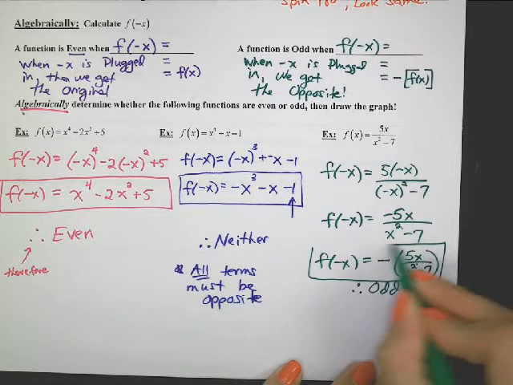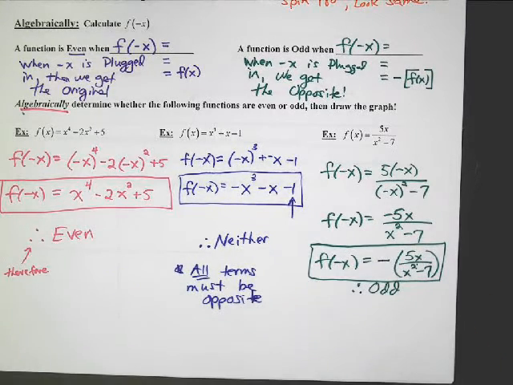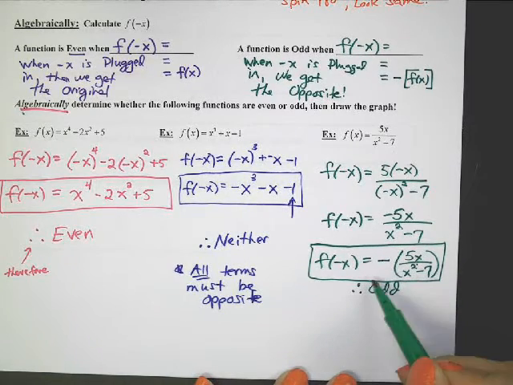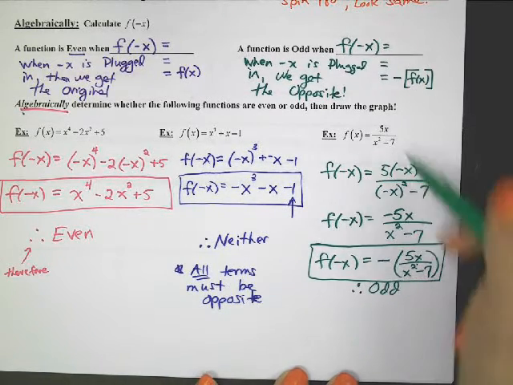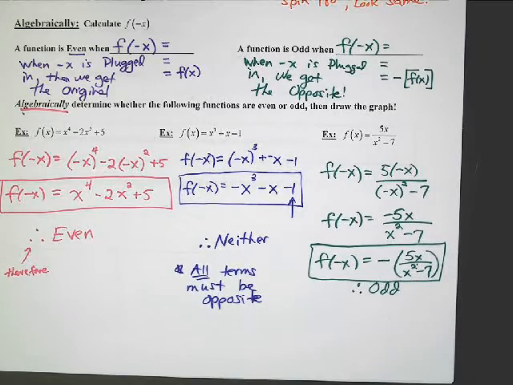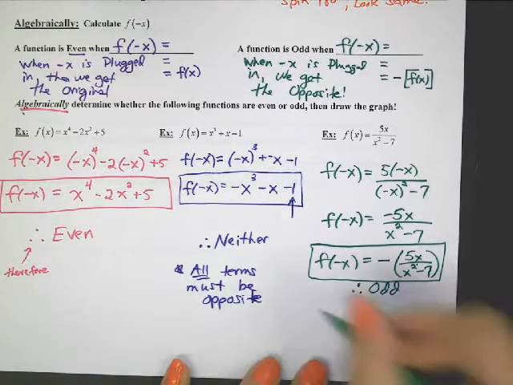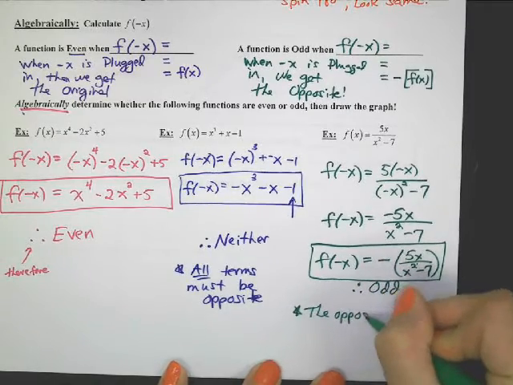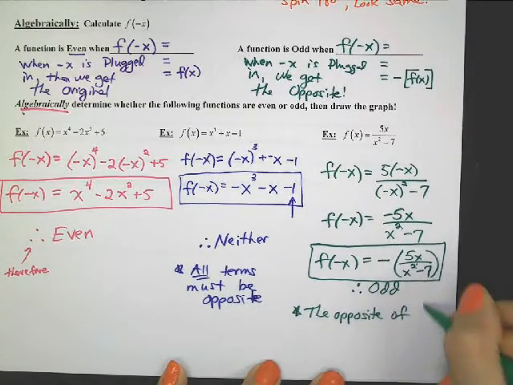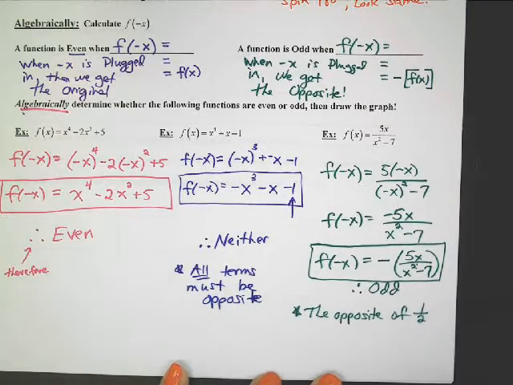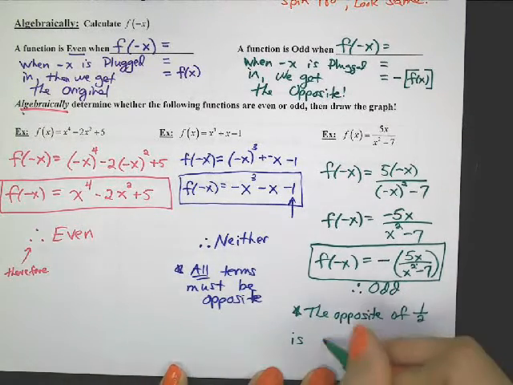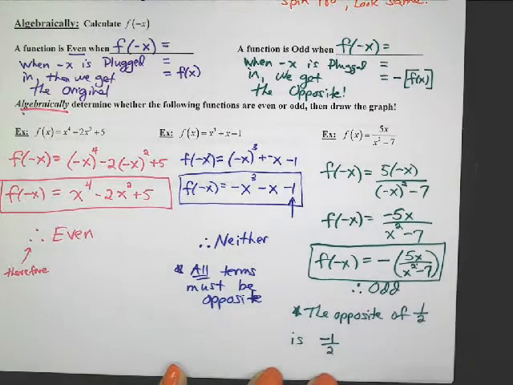Okay, so there's a little trick there when you have a fraction. I want you to pull a negative either out in front from the numerator or possibly from the denominator, wherever he has a negative. And this fraction is odd. So let's just write a little note here about fractions. The opposite of 1/2. What's the opposite of 1/2? The opposite is negative 1/2.